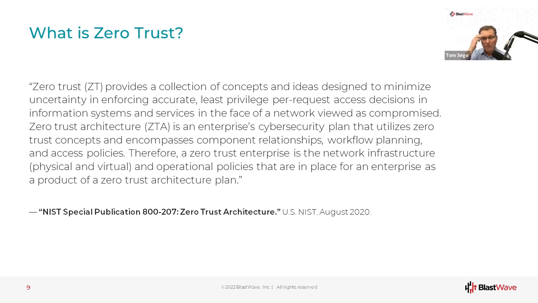I went to the RSA conference in June, and I swear, half of the companies there had zero trust on their banners. So there's this confusion between branding something as zero trust and making these claims versus this 800-207 document, which lays out these 7 pillars.